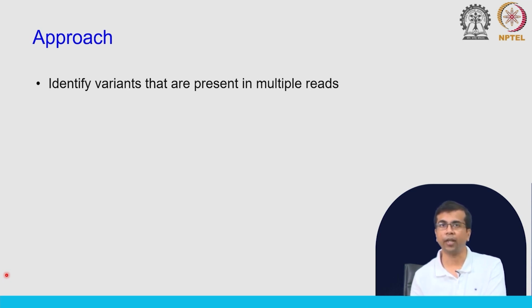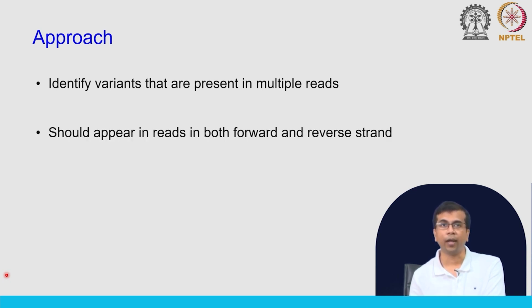The approach is that we identify variants that are present in multiple reads, because these are high confidence variants. These variants should also appear in reads on both the forward and reverse strand. There will be reads mapping to the forward strand and reads mapping to the reverse strand, and these variants should appear in both types of reads.